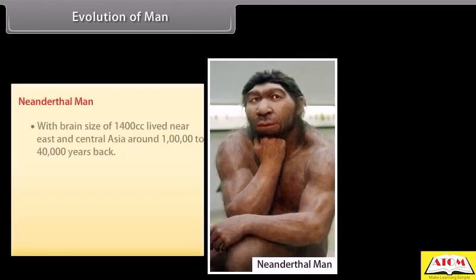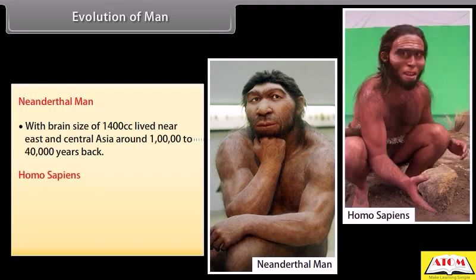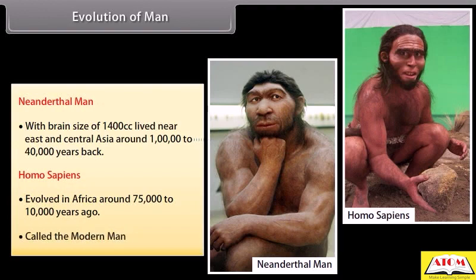Neanderthal man with a brain size of 1400 cc lived in the Near East and Central Asia around 1 lakh to 40,000 years back. Homo sapiens evolved in Africa around 75,000 to 10,000 years ago, called the modern man.